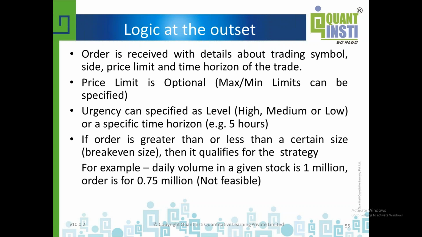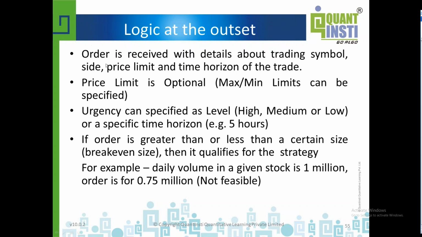Now, there's an important thing that people use in algorithmic orders, right? So if you get an order, say you get an order from a client to sell, say 10,000 shares, right?